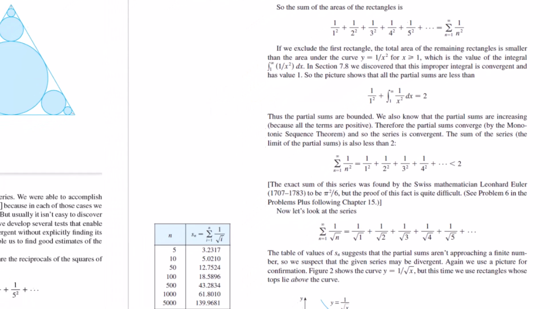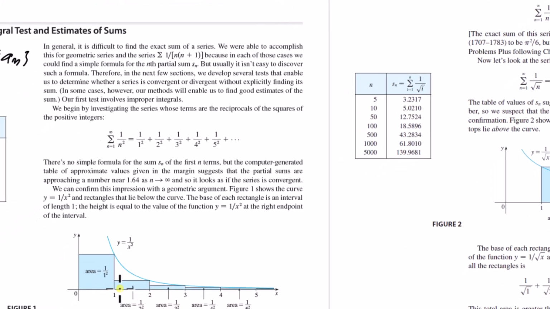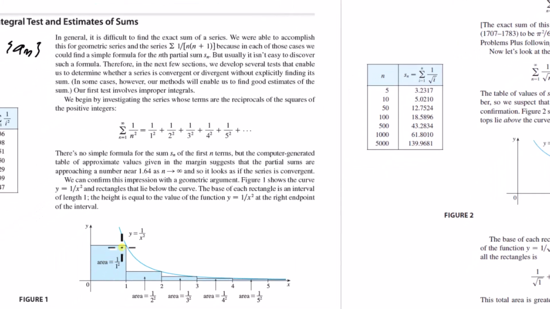So what they're saying is we're going to look at the improper integral from 1 to infinity of 1 over x squared, because we don't want to start at 0, since we'd have to use the improper integral part 2 in that case.